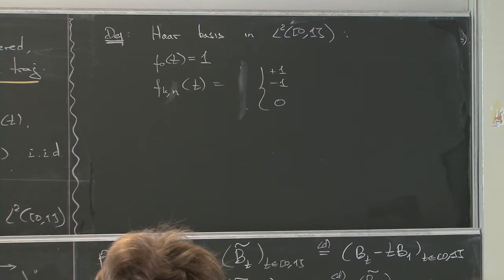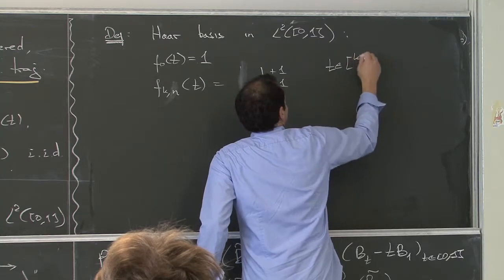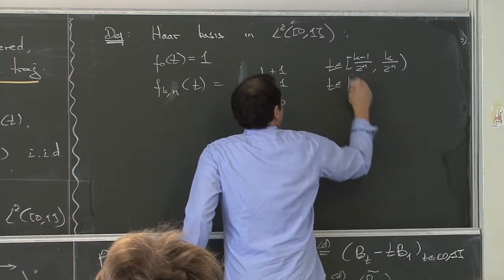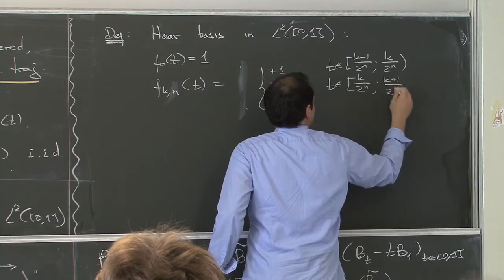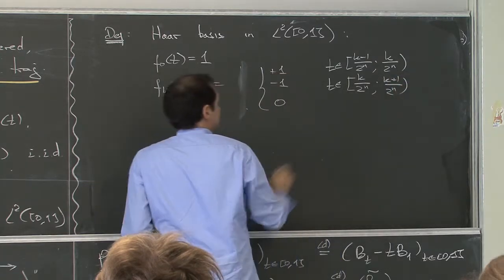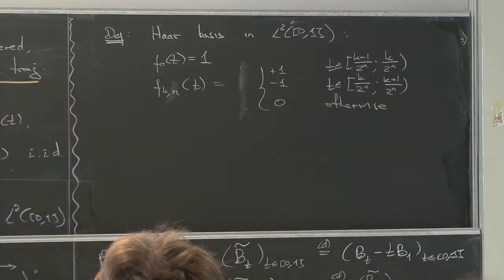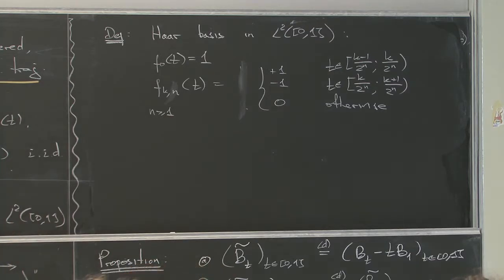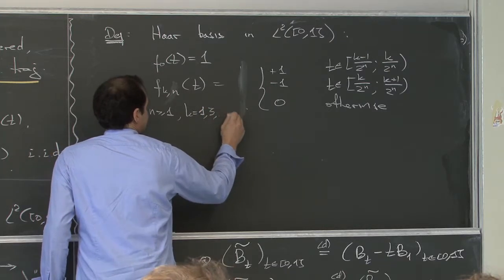It is +1 on the interval from (k minus 1) over 2^n to k over 2^n, and -1 on k over 2^n to (k plus 1) over 2^n, and 0 otherwise. So n is just a positive integer, and k is odd and less than 2^n: k is 1, 3, etc. up to 2^n minus 1.